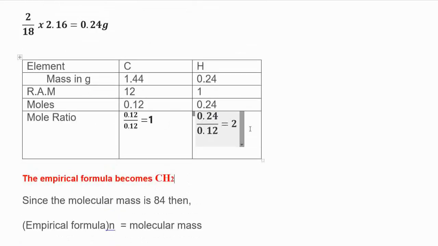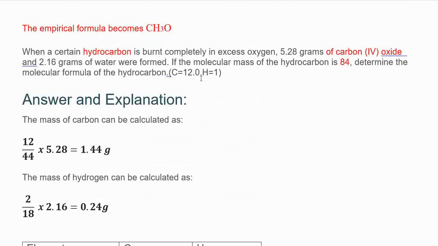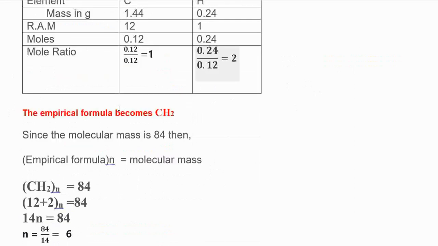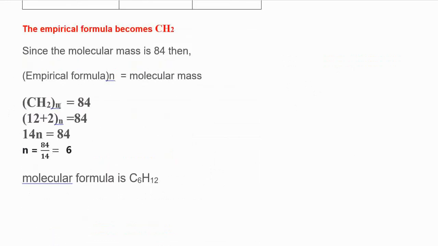But we don't stop there, because the question asks us to determine the molecular formula. We have the molecular mass, but we know that the empirical formula times N will give us the molecular mass. So we are going to multiply the empirical formula by N, and then it will give us the molecular mass.